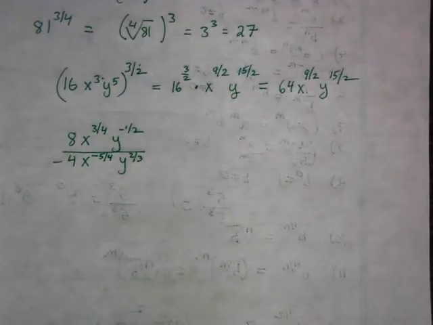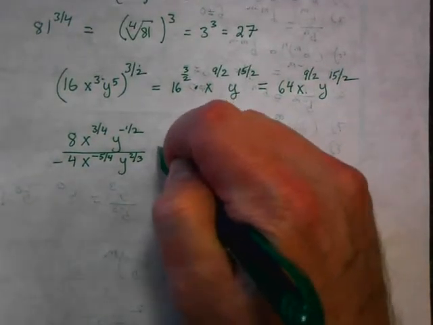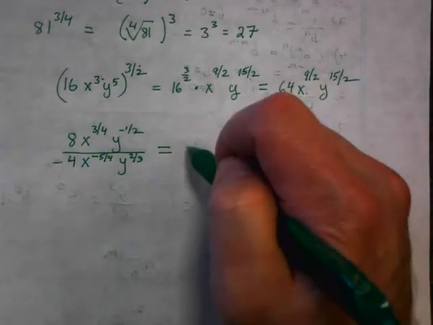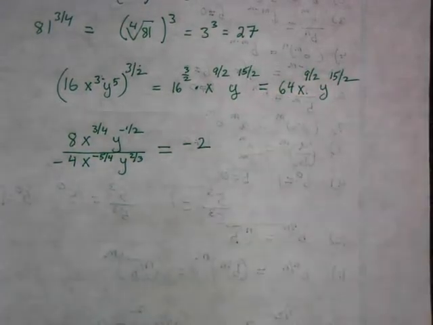What would you do to simplify that? Well, I would start with my numbers out front. 8 divided by negative 4. Does that reduce at all? Yeah, 8 divided by negative 4 is negative 2. What about the x's? What would you do with the x's?